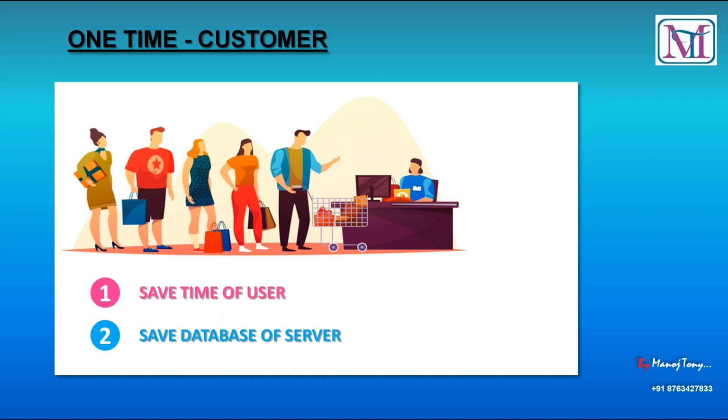Customer master creation takes around 3 to 4 minutes per customer. So 1,000 customers means 1,000 times 3 minutes a day, which is not possible. For this reason, we have to go for a one-time customer.